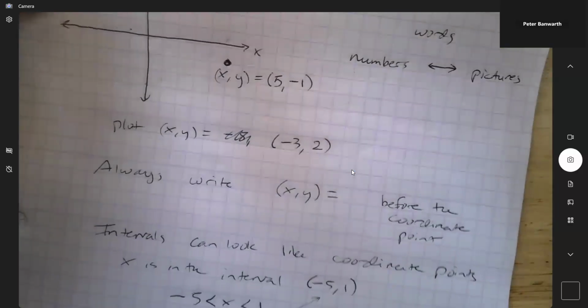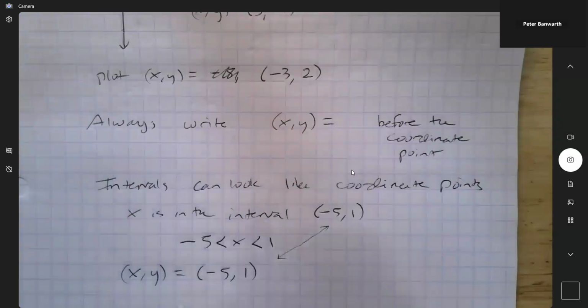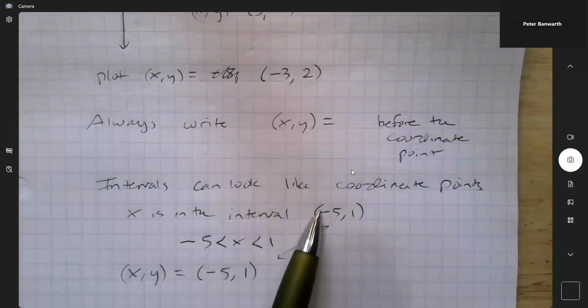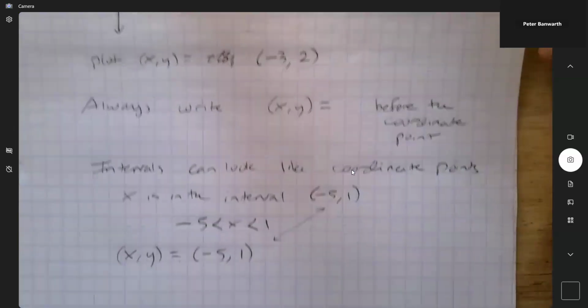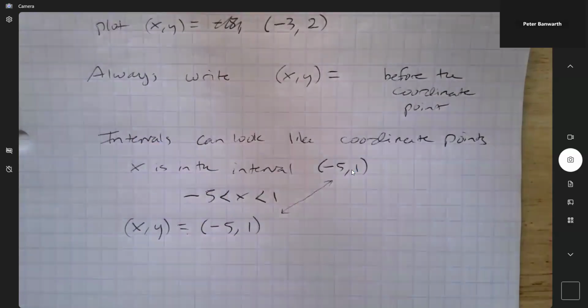So especially as you're learning, it's really important that you label your intervals, x is in the interval, or maybe y is in the interval, and that you label your coordinate points x, y equals. When we talk about other concepts that have to do with intervals using a graph, it can be very confusing.